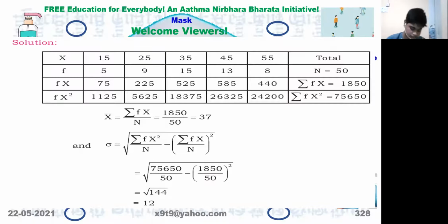Now, in the fourth column, you write x square. The fourth column heading is x square. The x values you got in the second column, you square them and write there.